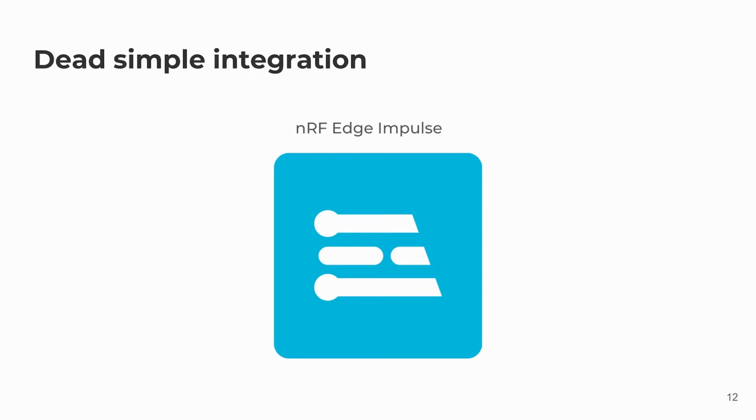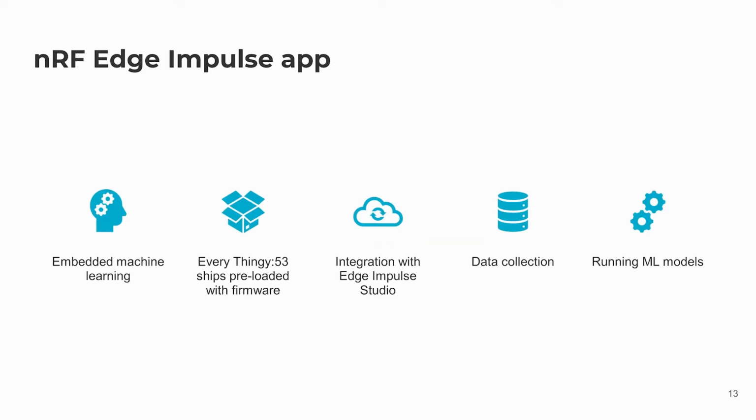But we've also developed some software. Together with Edge Impulse, we have developed the nRF Edge Impulse app to allow for dead simple integration with Edge Impulse Studio. The app is focused on making embedded machine learning easy, so every Thingy53 ships preloaded with the firmware to work with the nRF Edge Impulse app.